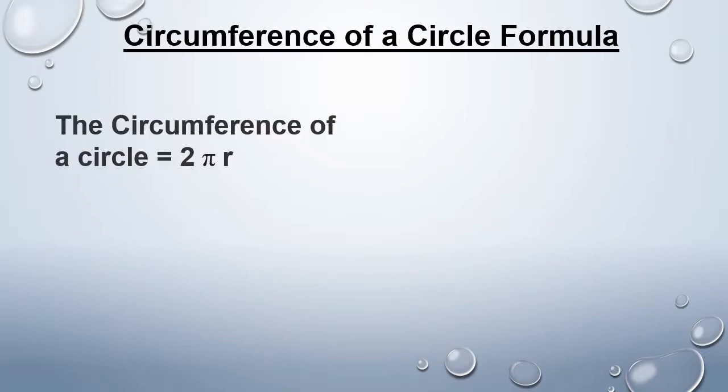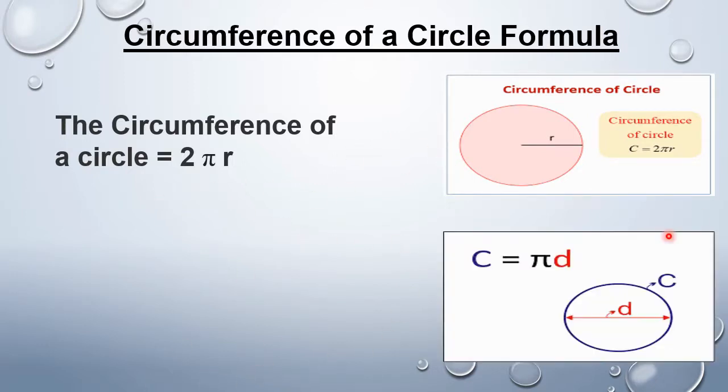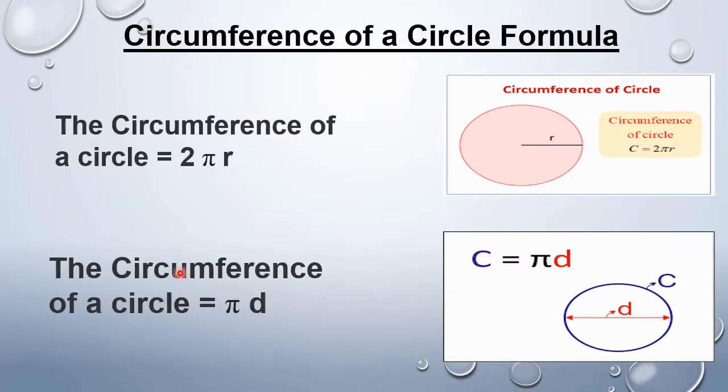The first formula is the circumference of a circle is equal to 2 pi r. When radius is given, we will use the 2 pi r formula. Next is the circumference of a circle is equal to pi into d. When diameter is given, we will use C is equal to pi into d. This formula.